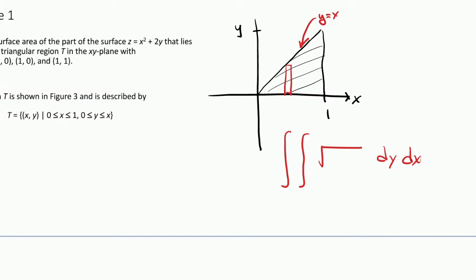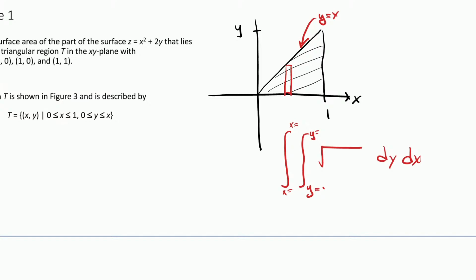So just take a minute, jot down what you think the inner limits and outer limits are. Sometimes it's helpful to remember that since the outer integral is with respect to x, you're going to have x's there. And because the inner integral is with respect to y, you're going to have y's there. And so we just have to fill in the correct stuff.